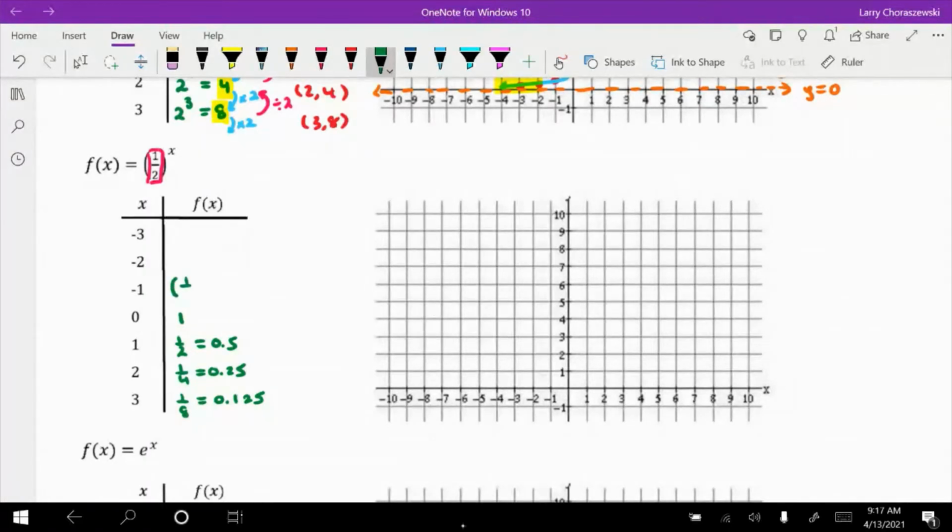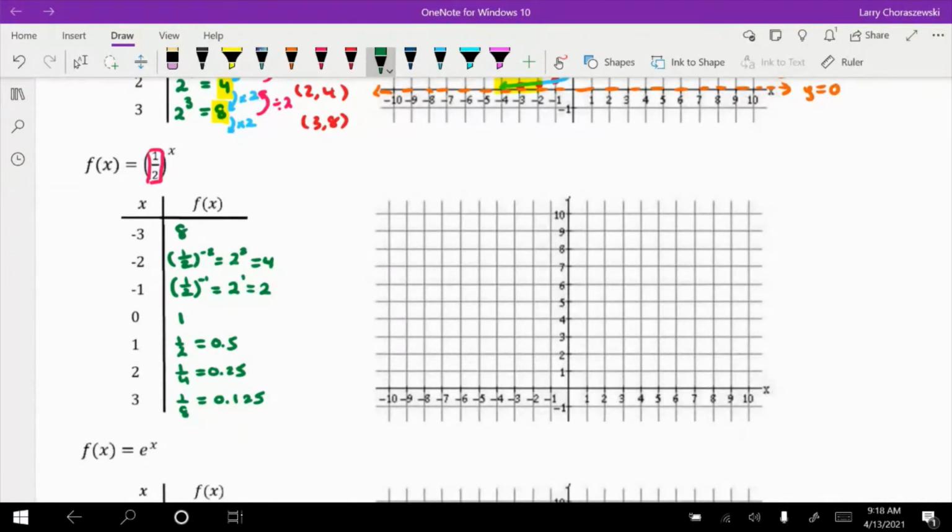So for instance, if we took 1/2 and raised it to the -1 power, we could make that -1 power a positive, provided we reciprocate the fraction. So we end up getting 2 to the +1, which is 2. 1/2 to the power of -2 converts to 2 squared, which is 4.